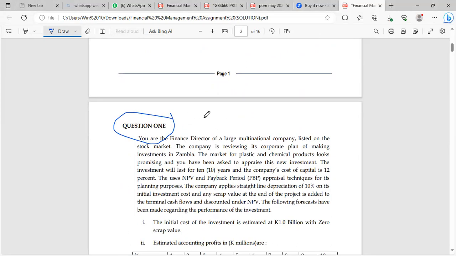All right. So for this one, it's on capital budgeting. You are the finance director of a large multinational company listed on the stock market.